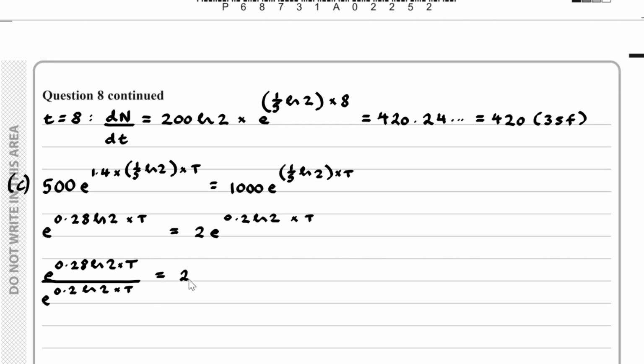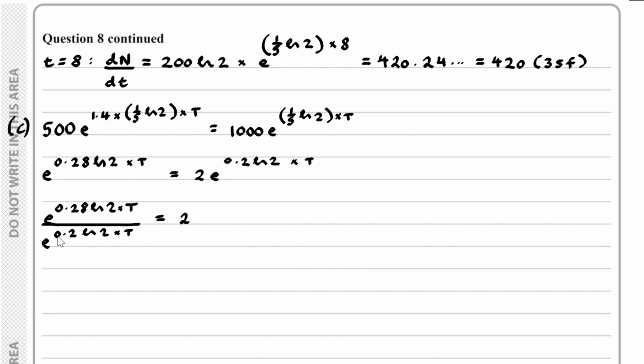This is all equal to 2. Now, when we have the same base and dividing, we can subtract the powers. So, we have e to the power of 0.08 times the natural log of 2 times t equals 2.